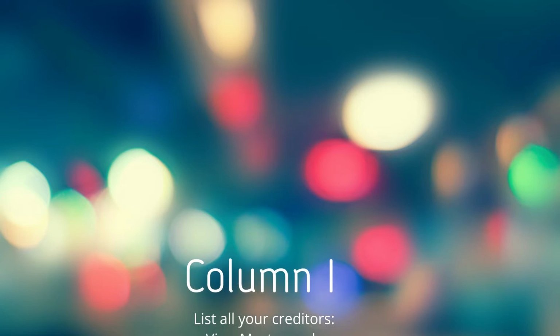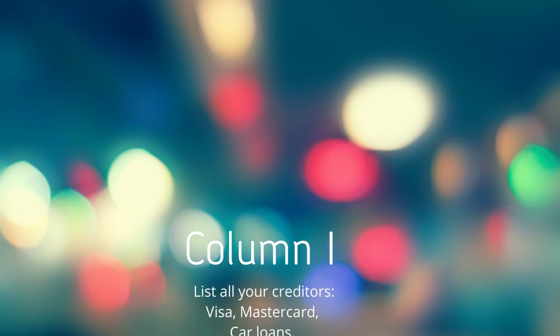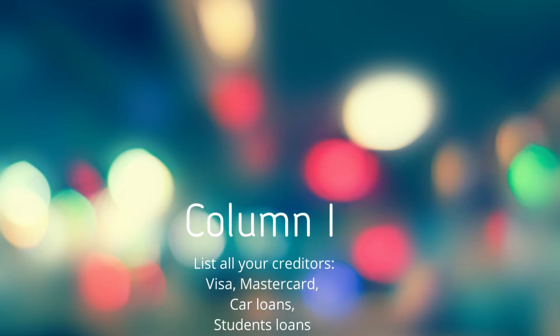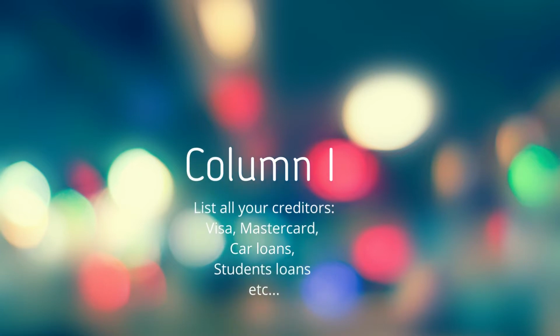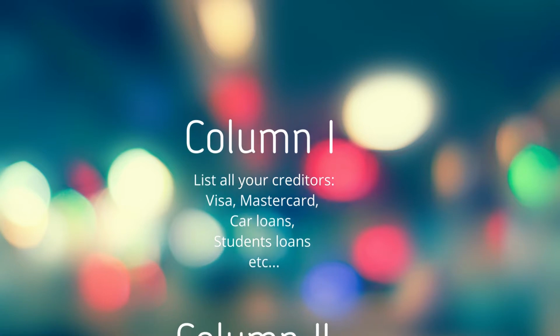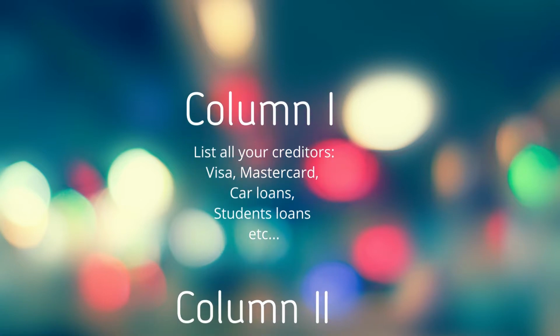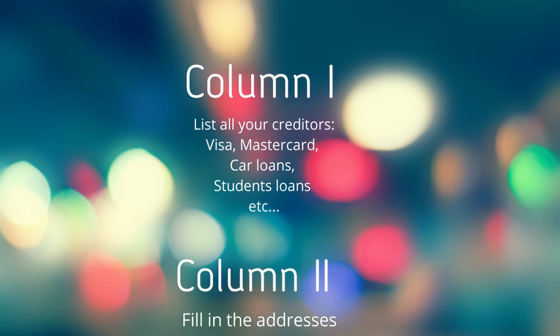So you can see there, the first column is where you list all your creditors. For example, Visa, MasterCard, car loans, student loans. Just list everyone you owe money to here. In the next column, you want to fill in the addresses of all your creditors.